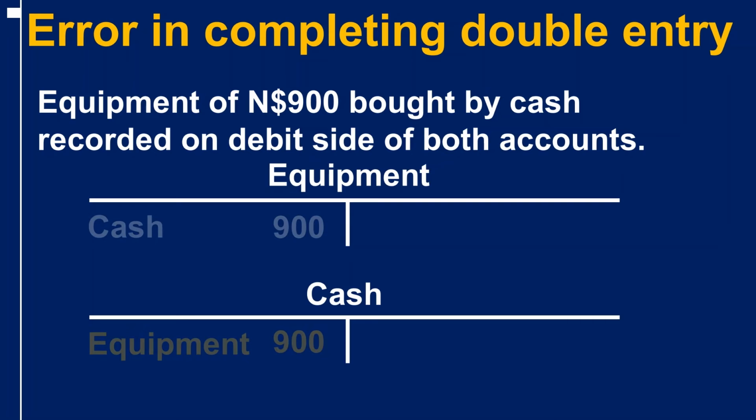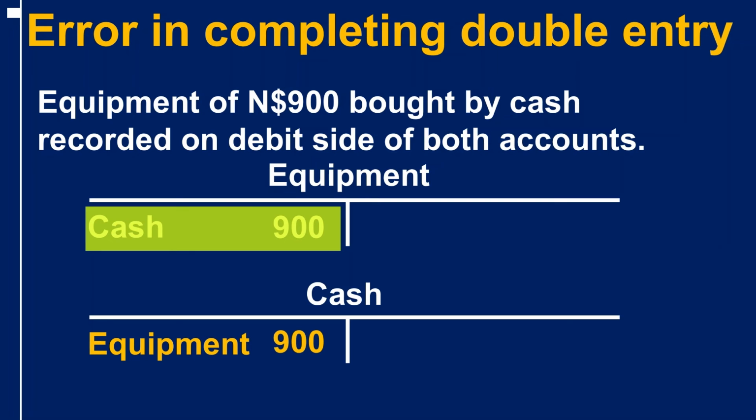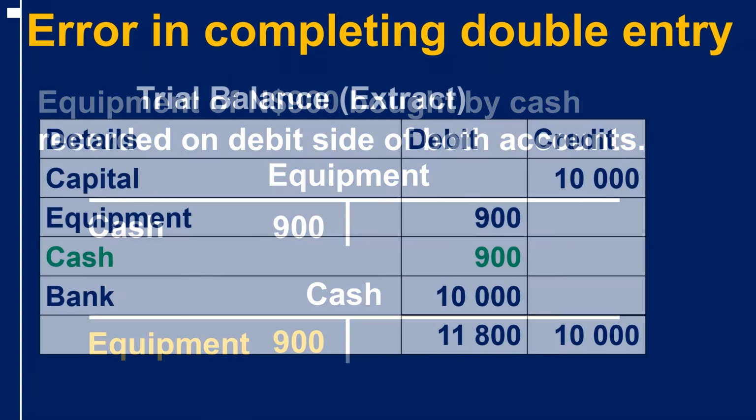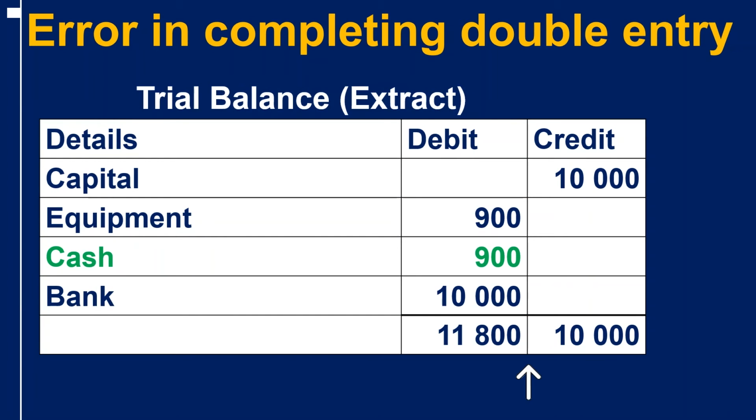The transaction was recorded on the debit side of both accounts. The double entry clearly states that one account should be debited and the other one should be credited. The trial balance will not agree because the debit side will be more than the credit side by 1,800 Namibian dollars.